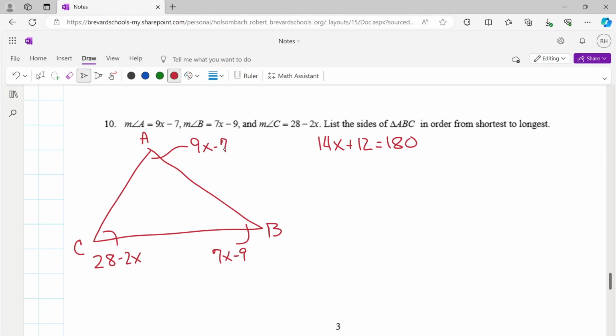We just combine the like terms from the three expressions that represented the angles. So if we subtract 12 from each side, then 14x equals 168, and divide by 14, x equals 12.